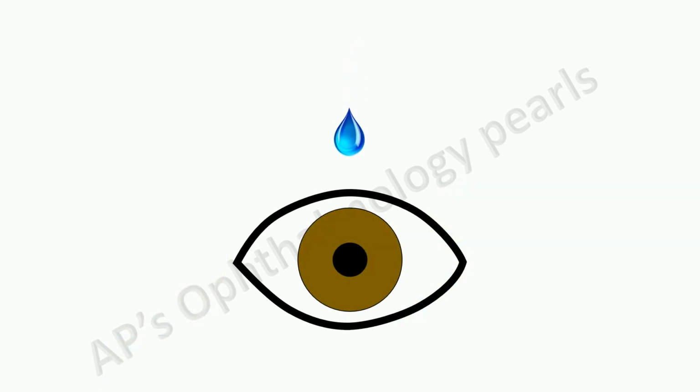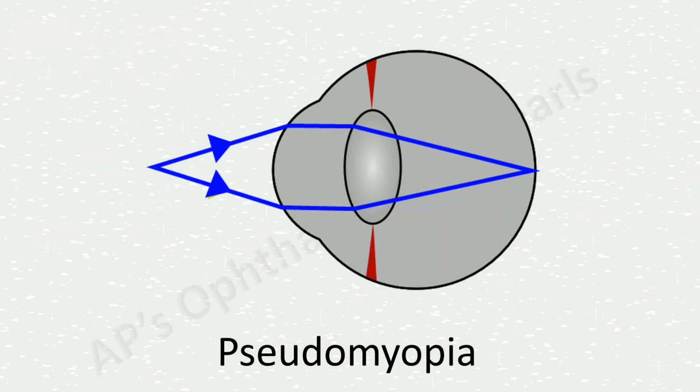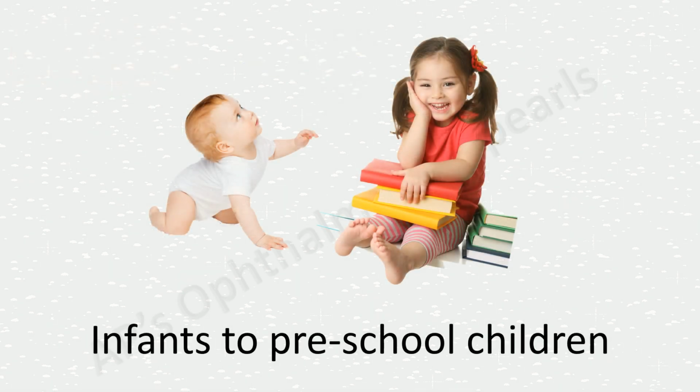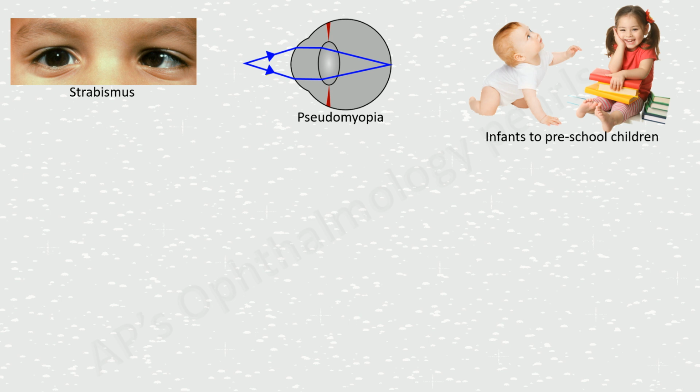Where adequate accommodation is not possible, a cycloplegic refraction is necessary. The indications for a cycloplegic refraction are strabismus, especially in children with esotropia, pseudomyopia due to accommodative spasm, infants, toddlers, preschool children. Children have great accommodative amplitudes which can change the measurement of refraction.